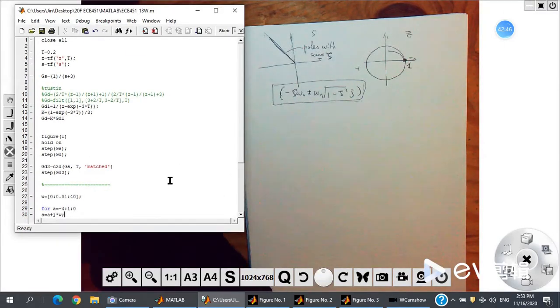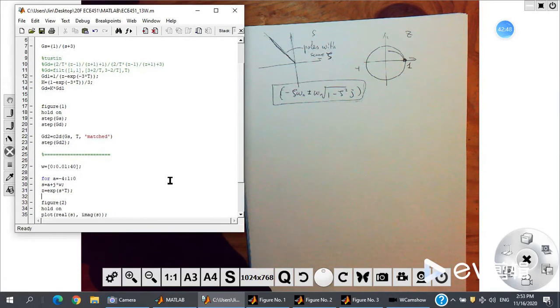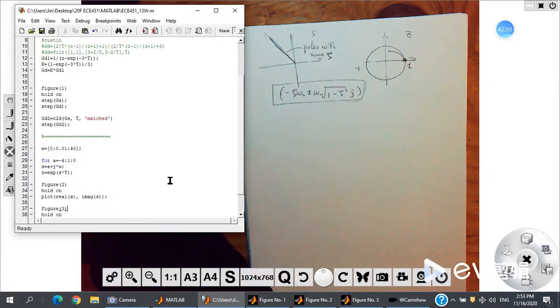Okay, this is figure 2. I just work like this. Now S is... this is zeta. I change this as zeta, from 0.1 to 1, by step 0.1.